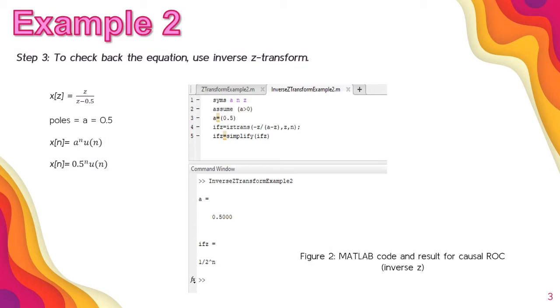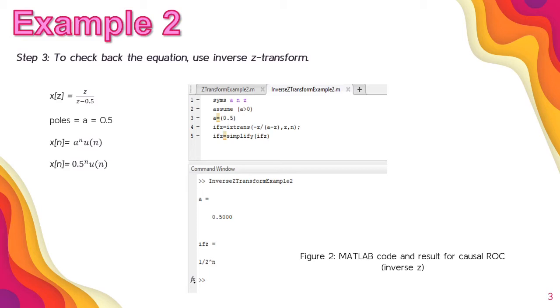Step 3. To check back the equation, use inverse Z transform. In this step, we do the direct inverse using the table of common Z transform pairs. X(z) equals z over z minus 0.5. Our pole a equals 0.5, so we can convert using the table.